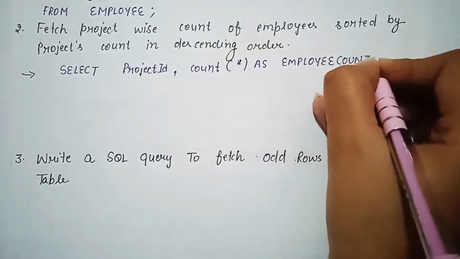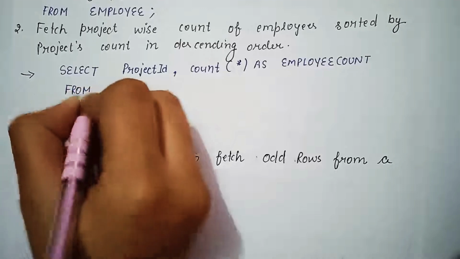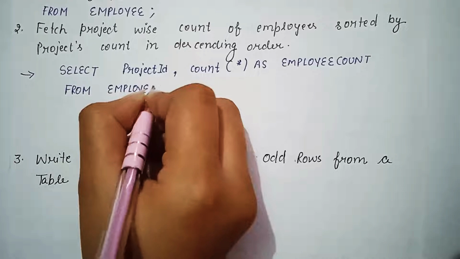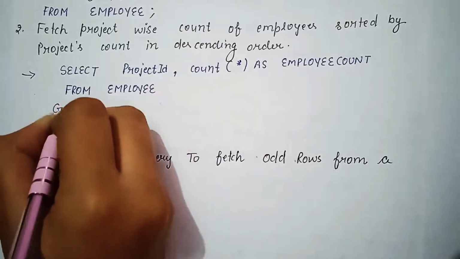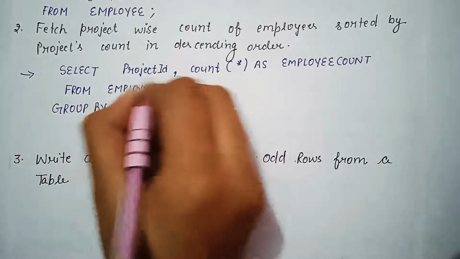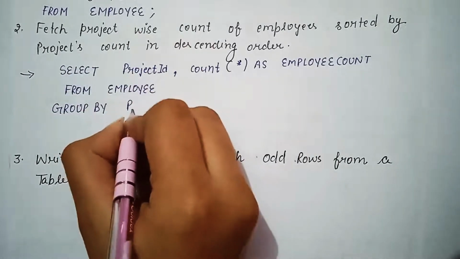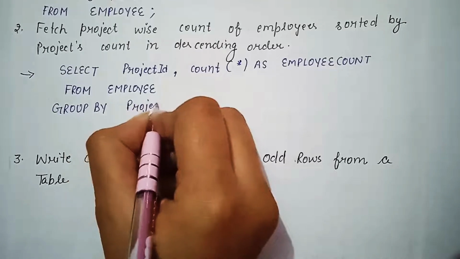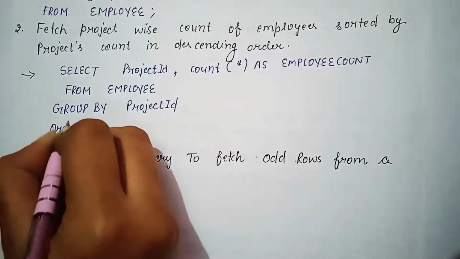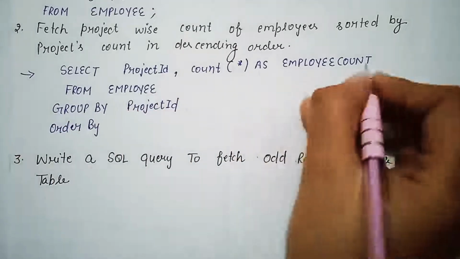Now from which table? It is the employee table, let's say. Then we specify the group by clause: we are going to group this table on the basis of project ID. Group by project ID. And then we will order this entire table on the basis of this employee count.